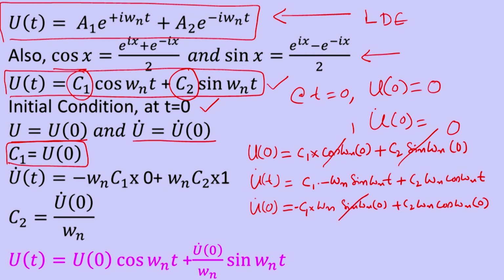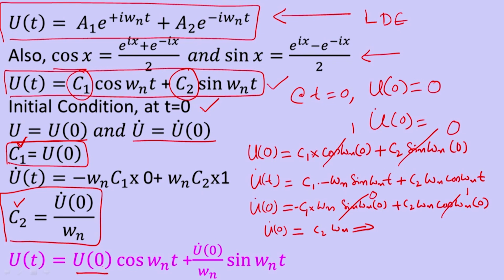Again, sin 0 is 0, so this entire term goes to 0, and cos 0 is 1. That means u dot 0 is equal to c2 omega n. This implies c2 is equal to u dot 0 divided by omega n. So we got the c1 constant and the c2 constant. If we substitute these c1 and c2 constants in the original equation, that is the solution, and we get this.